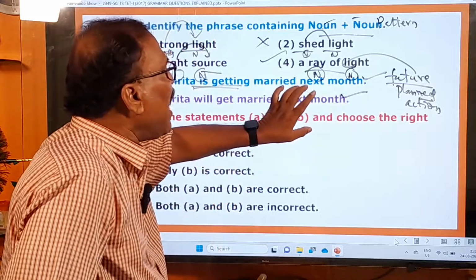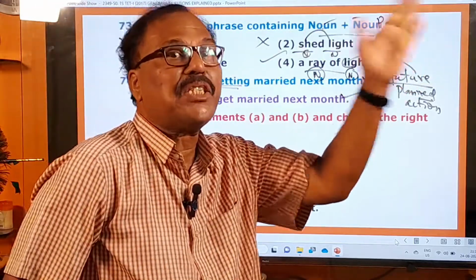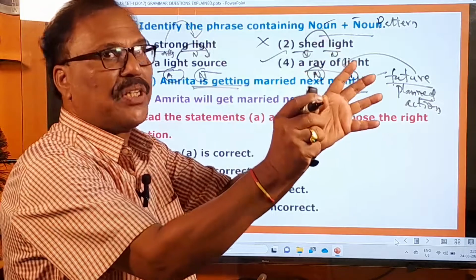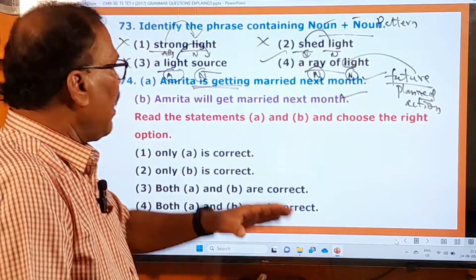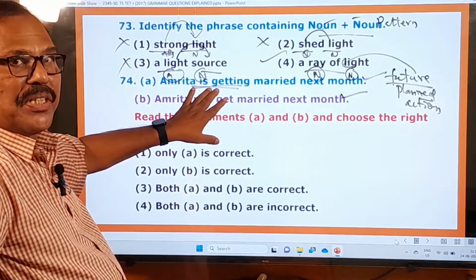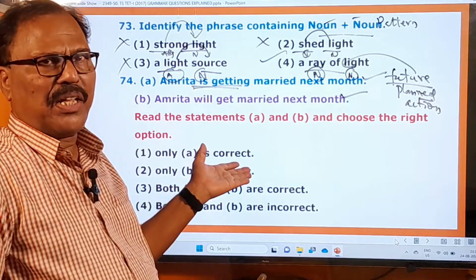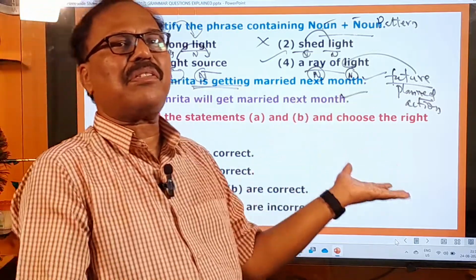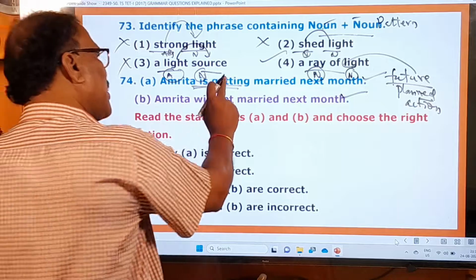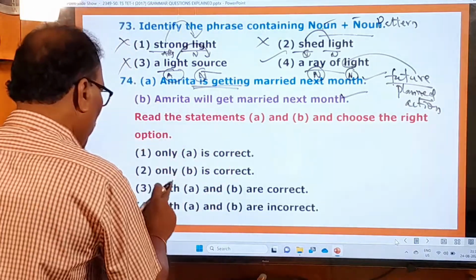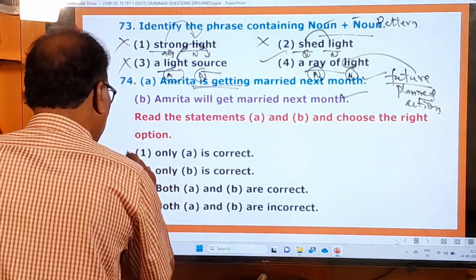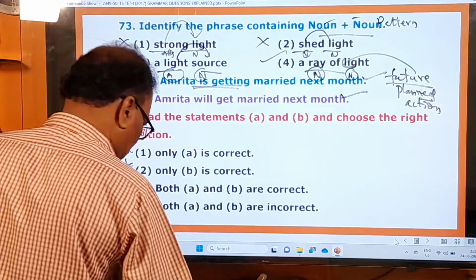This is a future planned action that's going to take place next month. So future planned actions can be expressed in the present continuous tense, and the simple future is also used for future actions. So this is correct and this is correct, and therefore both A and B are correct. The others are not correct.